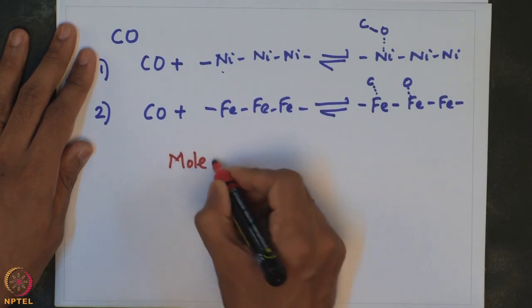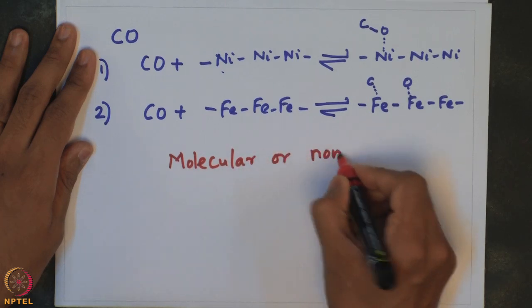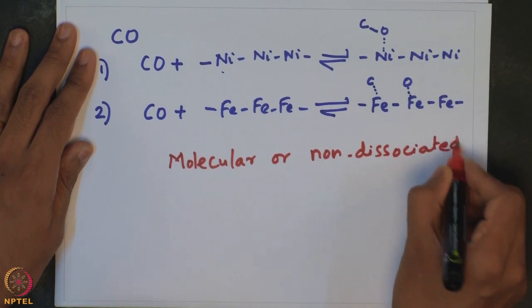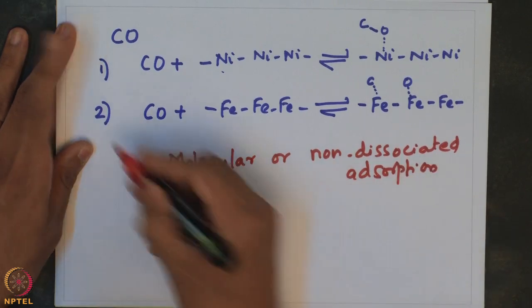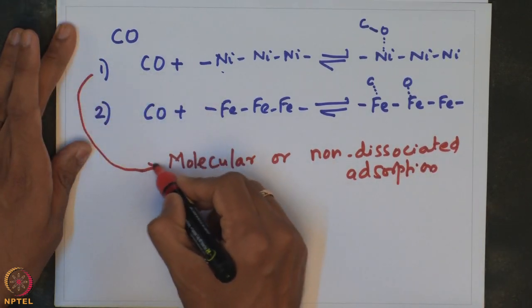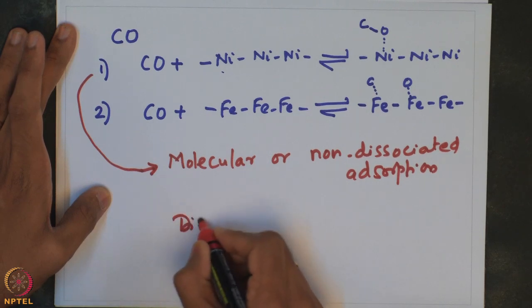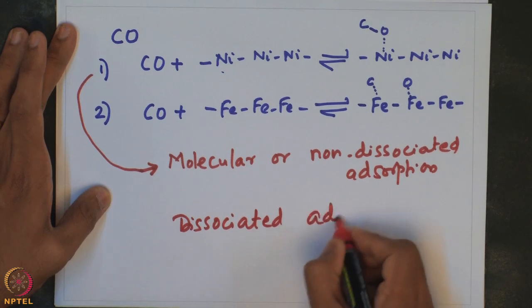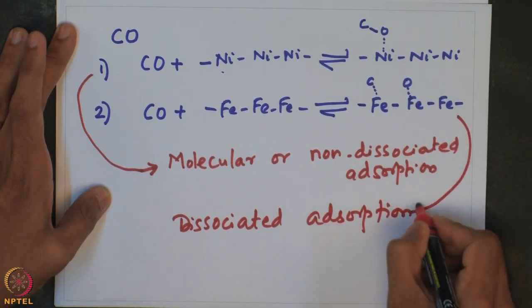One is called the molecular or non-dissociated adsorption, which is essentially the first case, and then one can also have the second case, dissociated adsorption, which is essentially the second case.